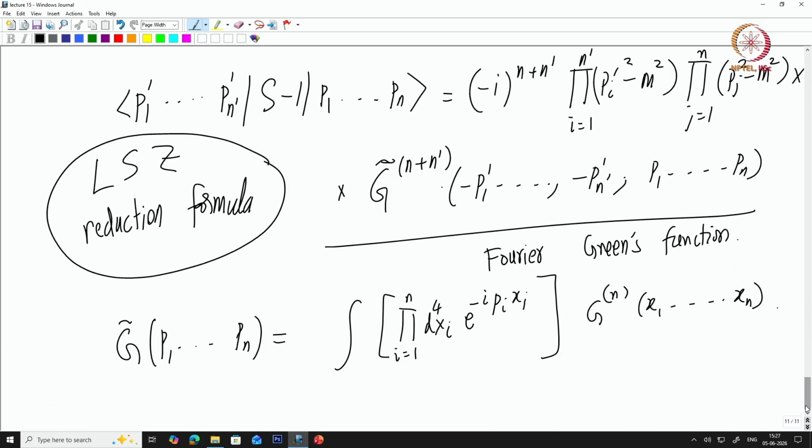You can forget about all possible other diagrams, and only those diagrams are relevant which are connected to the external lines essentially, and those are the only ones which contribute to your S matrix elements. This can be shown beautifully by LSZ, the Dyson series, Wick's theorem, and so on. That is the main reason why the Feynman method works so very well essentially.